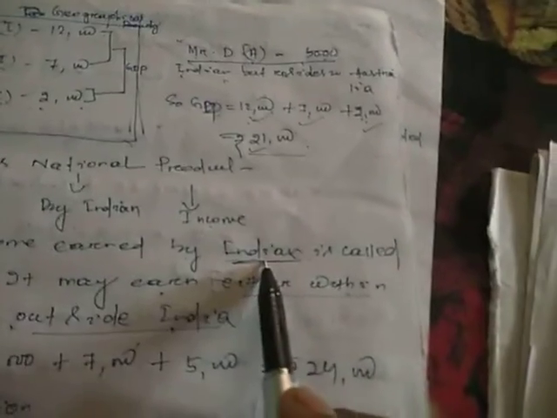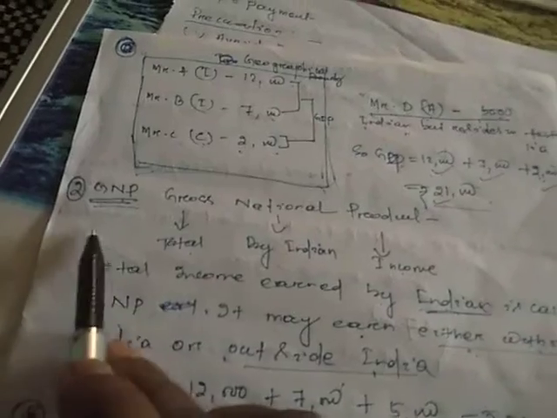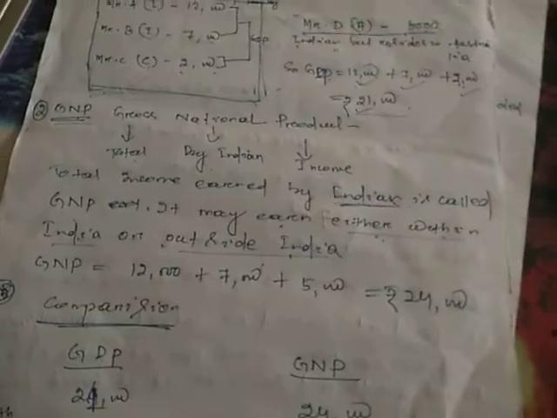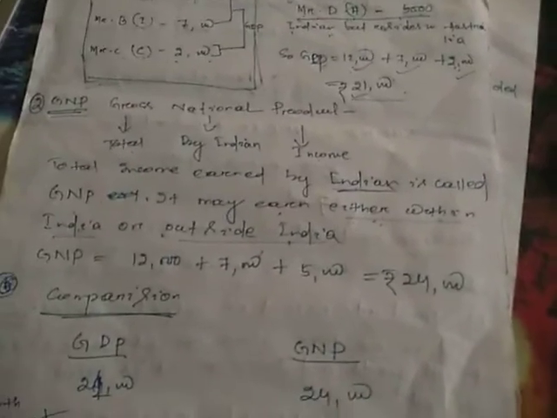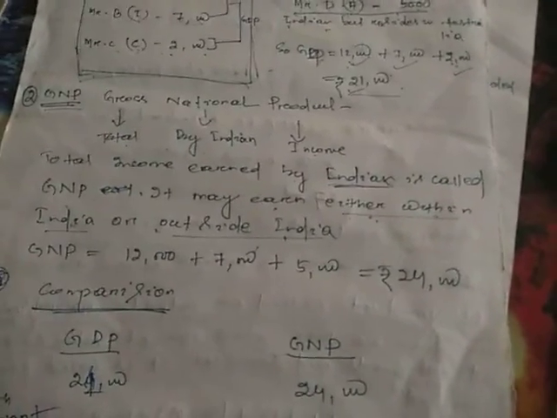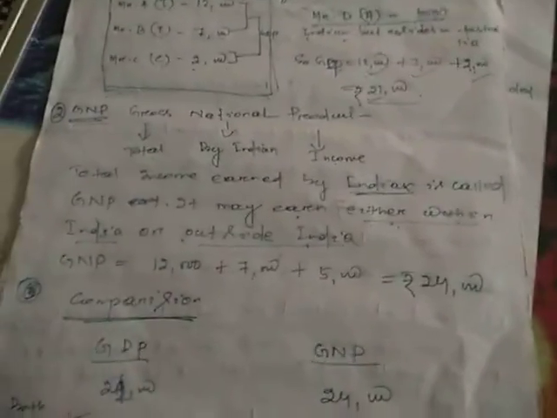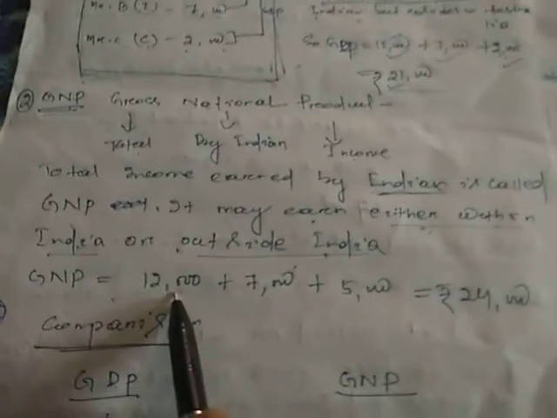But in case of GNP, what happens? We have to consider it, because it must be an Indian. When you consider the GNP concept, he must be an Indian. Second thing, he may reside in India or outside India, his income may be within our boundary or outside. We have to consider that. So when you calculate GNP, you see here 12,000, that is within India, an Indian.